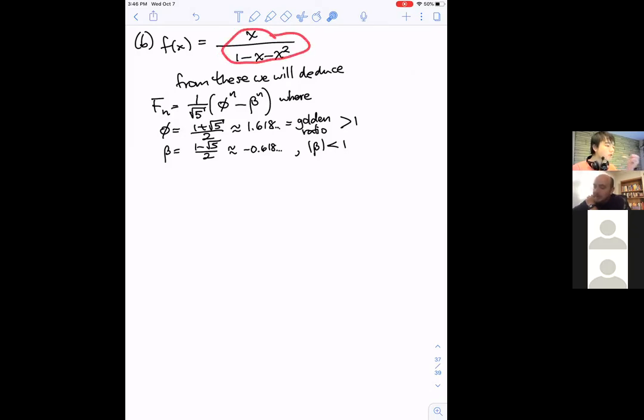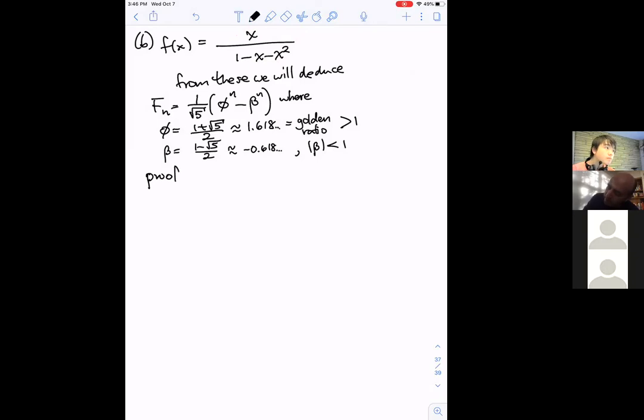Looking at it in this form, I don't know how to do that exactly. I don't know how to get something simple. But if I was to write down something like a partial fractions expansion, then I could use the geometric series tricks that we already know to extract the coefficients. So that's my point, I want to write this as a sum of geometric series.